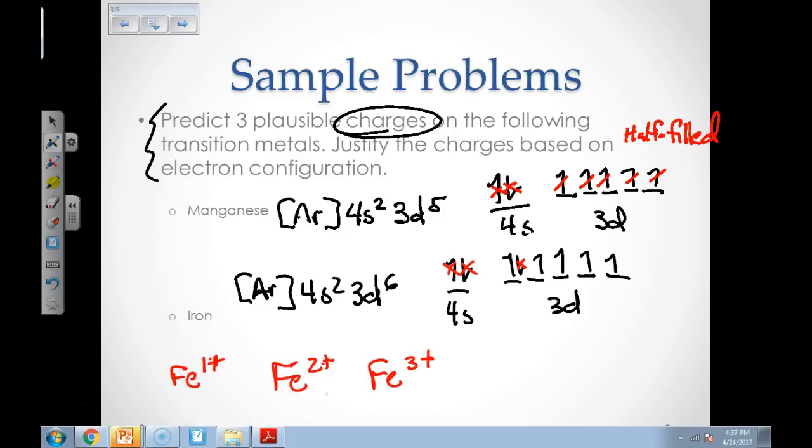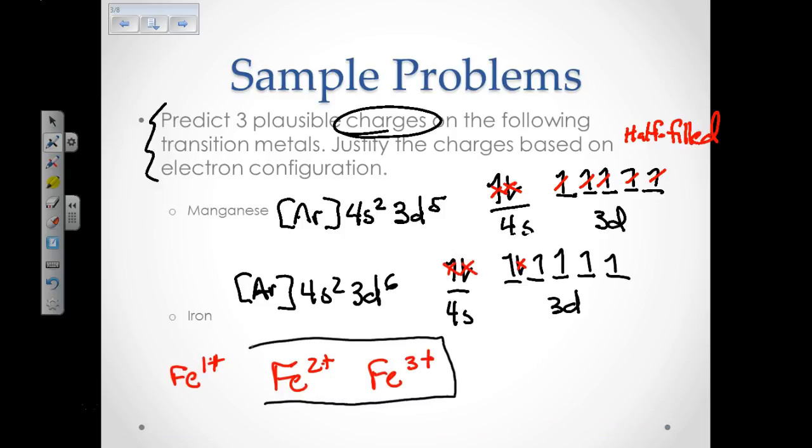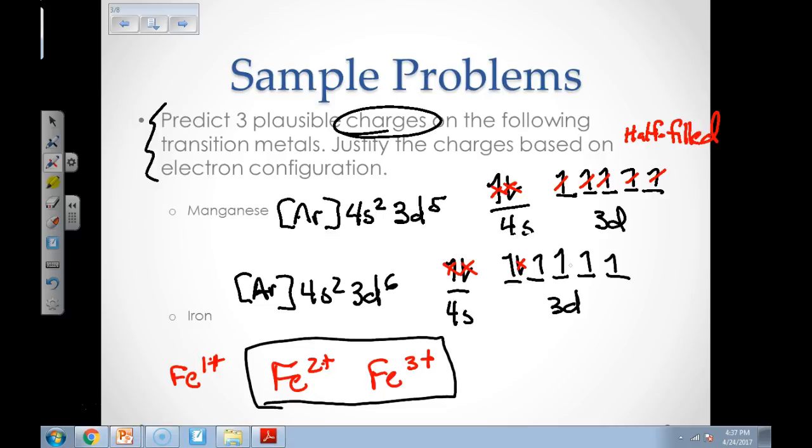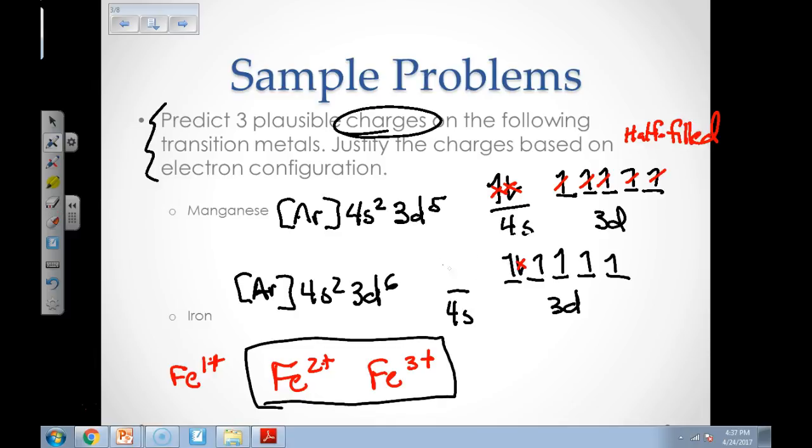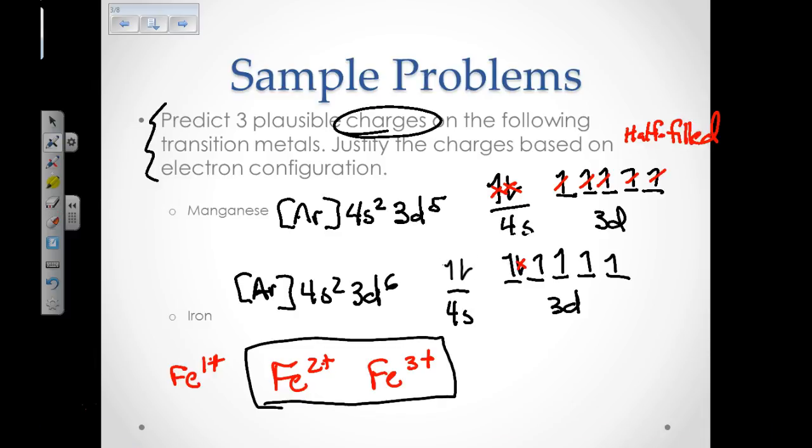And just as a little aside here, these two are the most common ions of iron that there are. Let me erase these. It's not that we're losing them, I just don't want the X's there anymore.